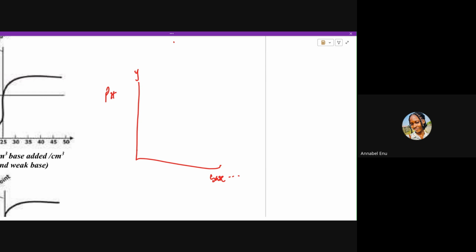So if we have a pH graph, it usually, at the end of the day, makes an S shape. So for a strong acid and a strong base, we'll see the trend.